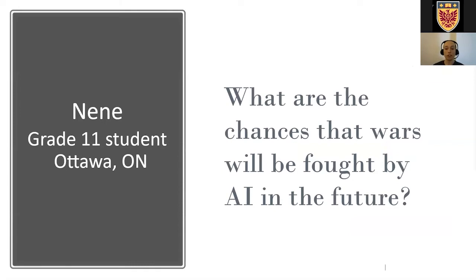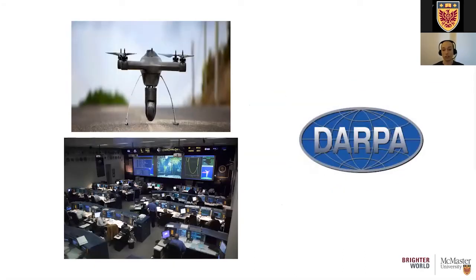So next question is, what are the chances that wars will be fought by AI in the future? That's a really good question. I wouldn't be surprised if wars nowadays use AI. There is this very big part of the US government called DARPA that looks into all these different bits and pieces of new intelligent computers in order to make wars easier.